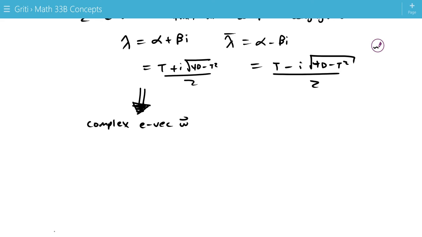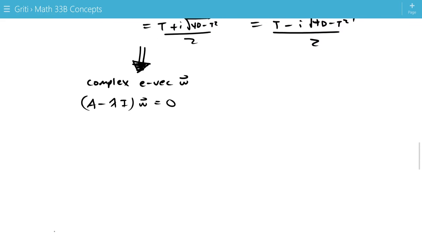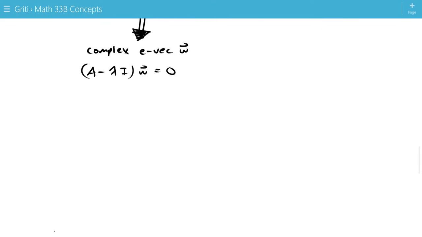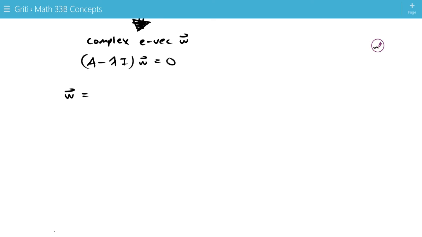w, which satisfies A minus lambda I times w equals 0. And this w will have the form, since it's complex, it'll have a real part and an imaginary part. So the real part's v1, imaginary part is v2.